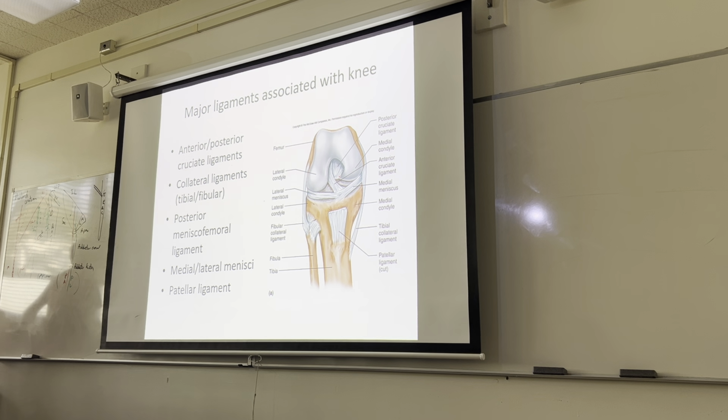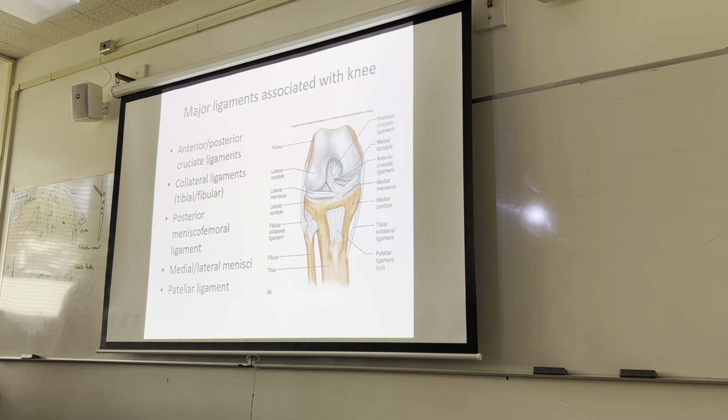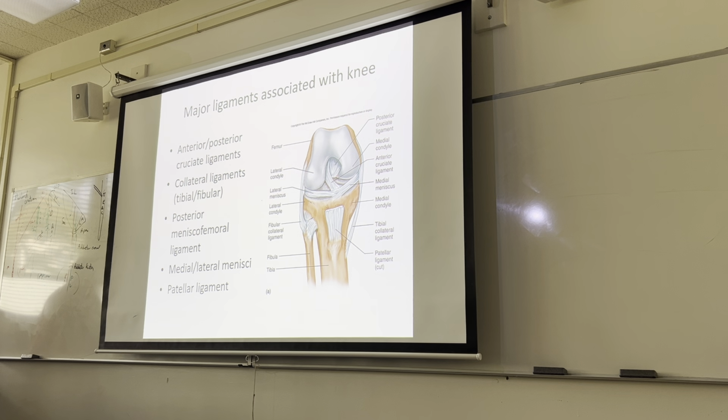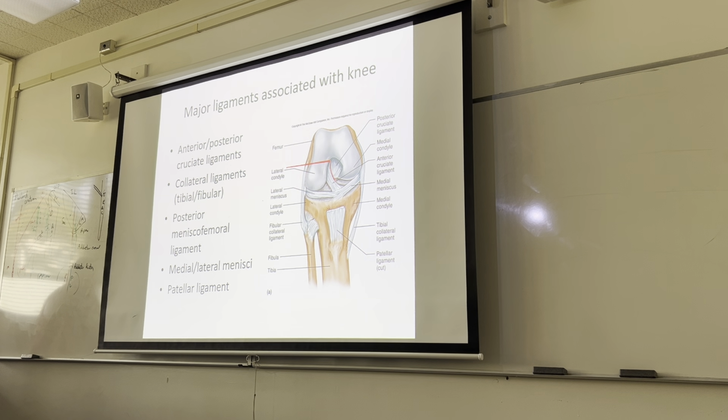But if you notice, we don't just see the anterior cruciate ligament from this frontal view. We see a little bit of posterior cruciate right over here. We also see a teeny bit of posterior cruciate.